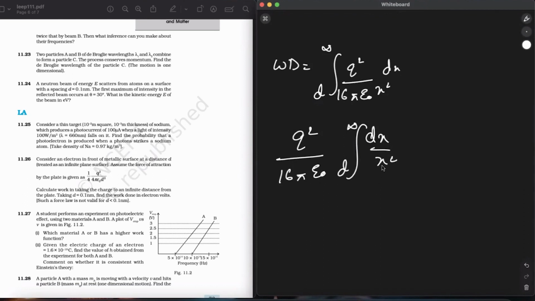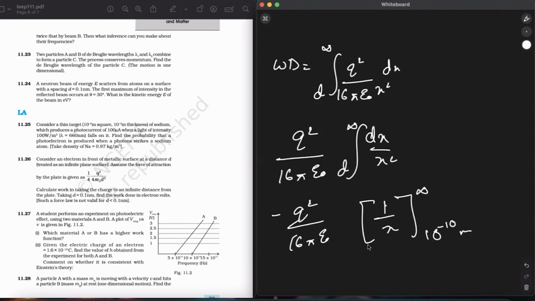Simple integration. x raised to the power of minus 1. This I can write as q square upon 16 pi epsilon naught, 1 by x, and a minus sign will come, minus 1 by x, with the limits d, the distance given as 0.1 nanometre, that is 10 raised to the power of minus 10 metres, to infinity. Okay.